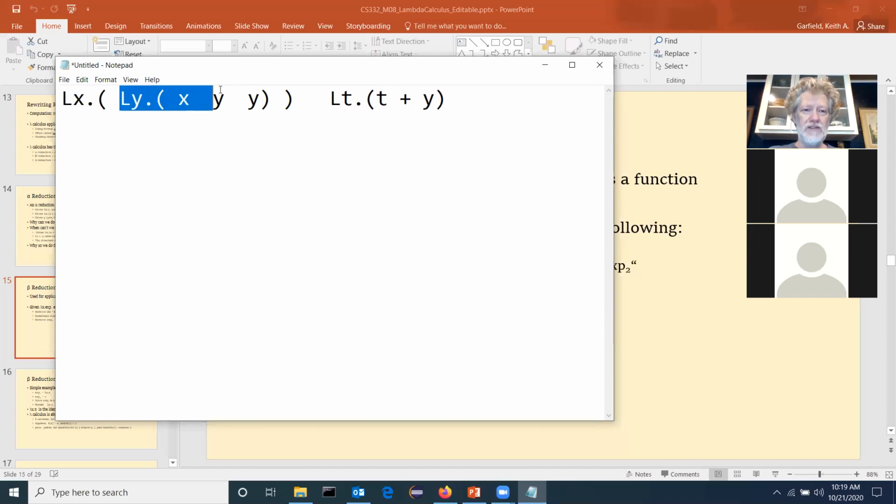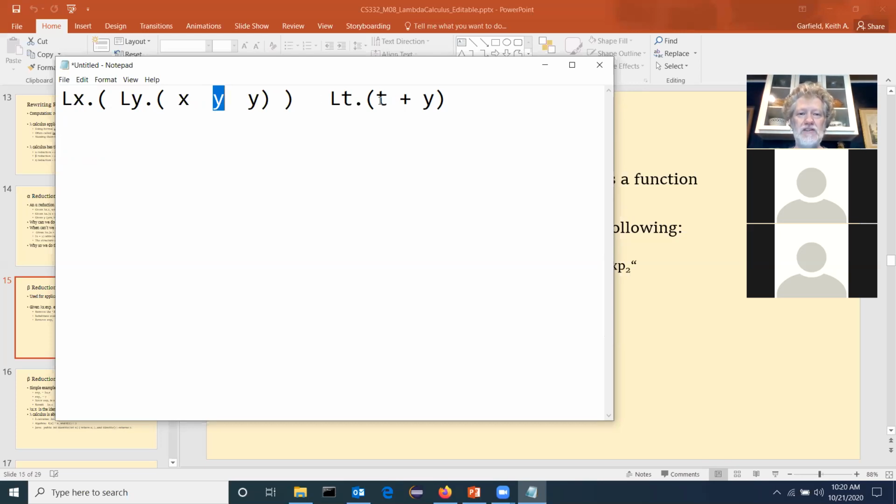Now, you're right. If I only had this, within the scope of this, x is free, right? Because it's in a larger scope, it's bound out here, at the outer layer. Okay. How about the y's? Bound or free? Those are bound, and they're bound at that more local level.